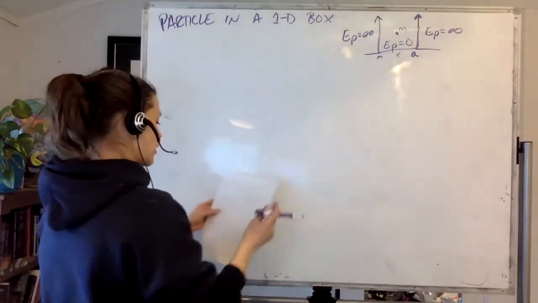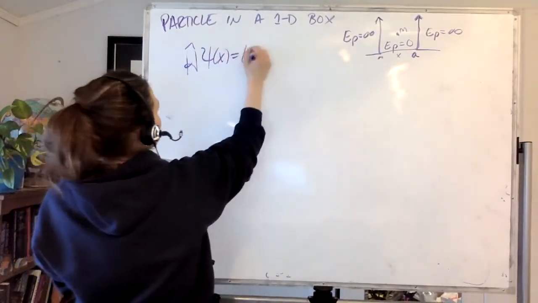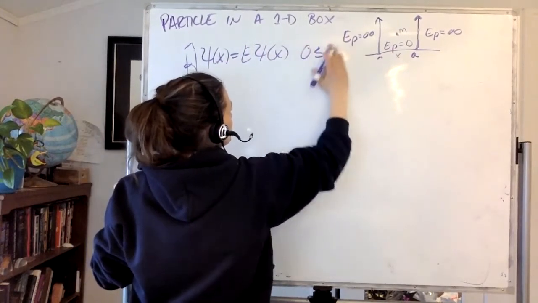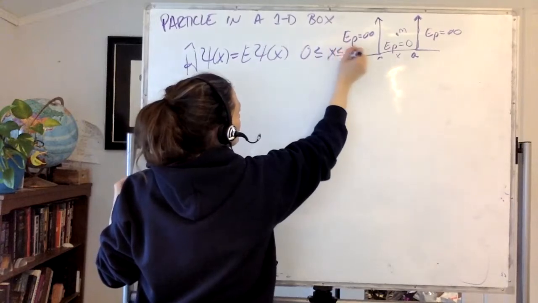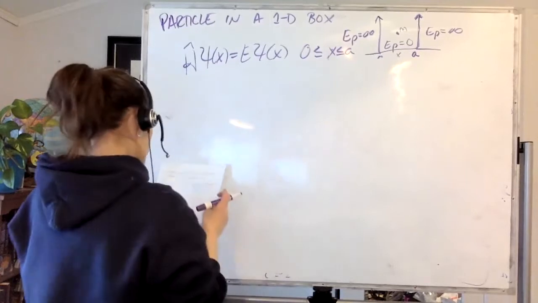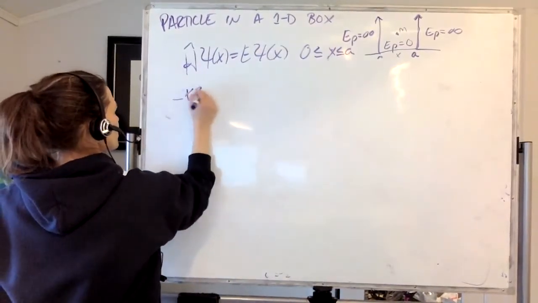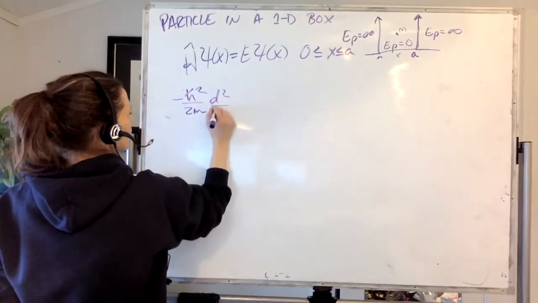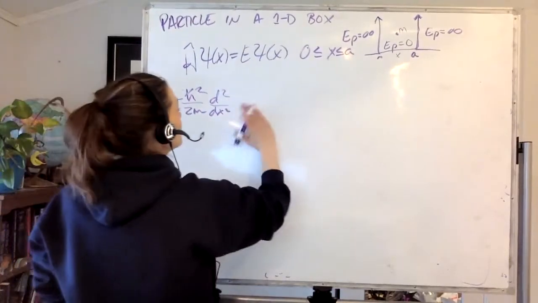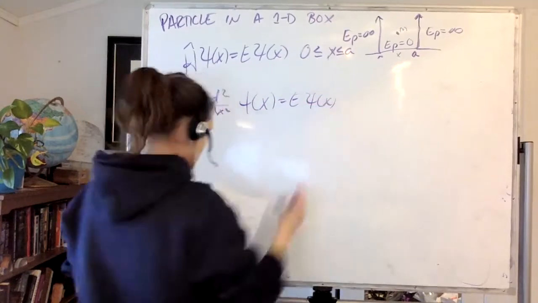Okay, so we're going to use the Schrodinger equation. H psi of x is equal to E psi of x, from the interval 0 to a, which means x can be anywhere from 0 to a or anything in between. All right, so my Hamiltonian is equal to minus h bar squared over 2m d squared dx squared plus 0, because my potential energy inside the box is 0, psi of x equals E psi of x.